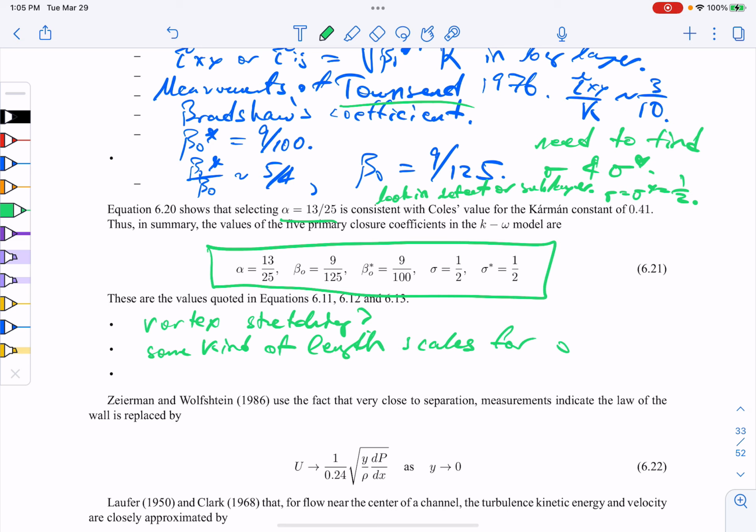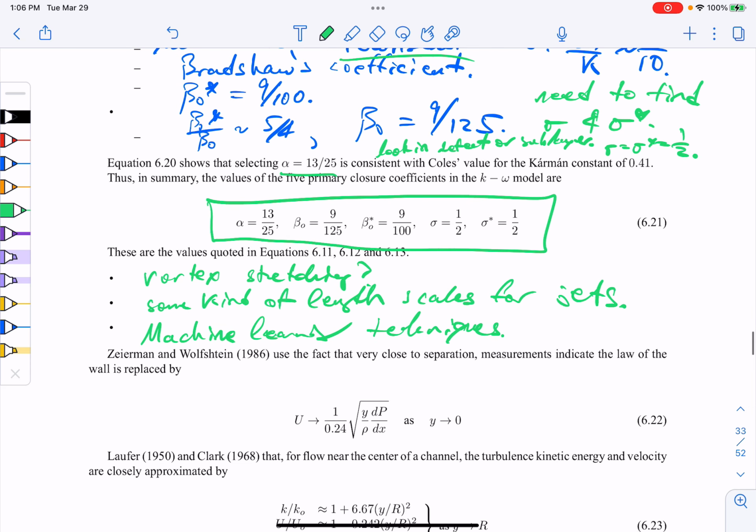Or jets. Or maybe today you might look at some machine learning techniques, which is in vogue, and time will tell if these ways are successful compared to the traditional ways.